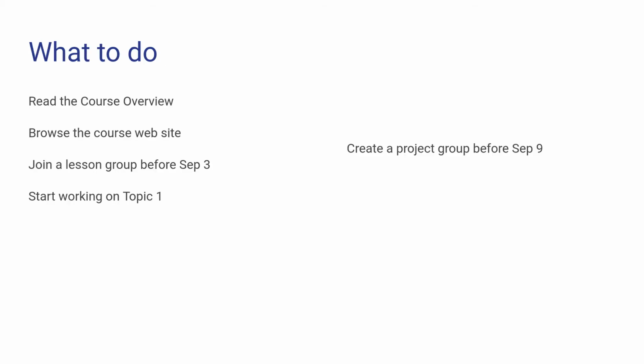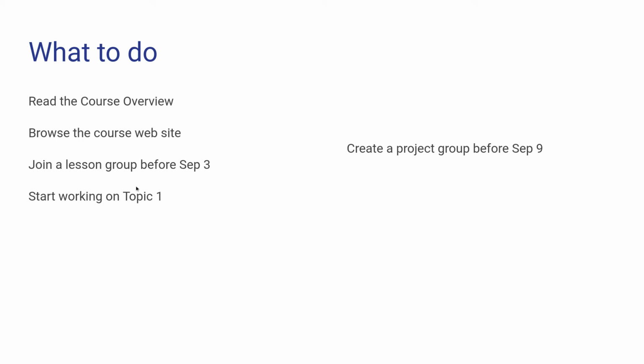What to do right now, how to get started directly. I would suggest you first read the course overview. It's a document that describes the course in more detail. Then you can just browse around in the course website to get a feel for the overall course design. Important is also that you join a lesson group before 3rd of September. We will have 3 different lesson groups.